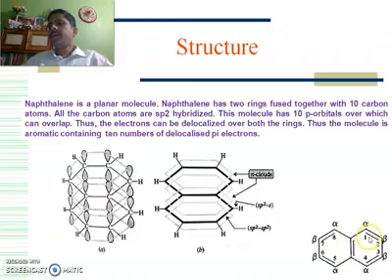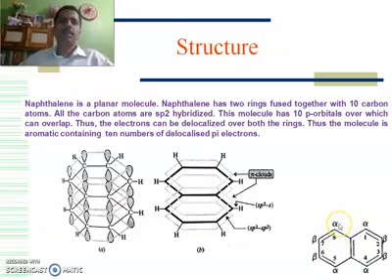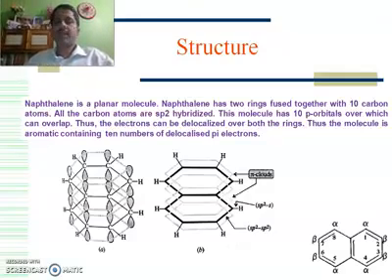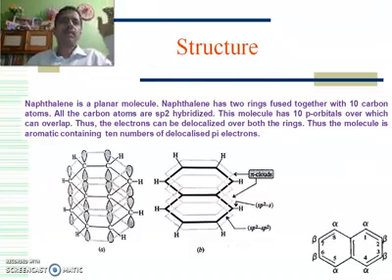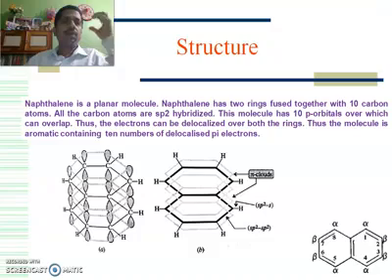You can see here that the positions 1, 4, 5 and 8 are equivalent and are known as alpha positions. Similarly, the positions 2, 3, 6 and 7 are equivalent and known as beta positions. So naphthalene has two types of positions, alpha and beta. While studying benzene, we showed you that there is only one type of position.